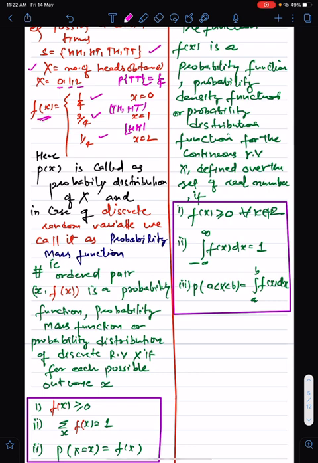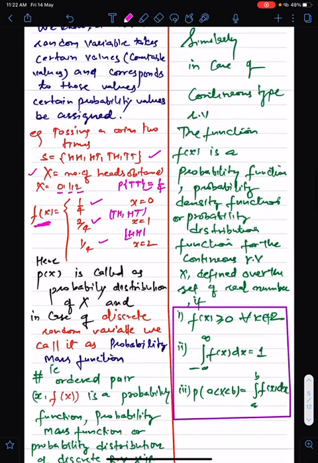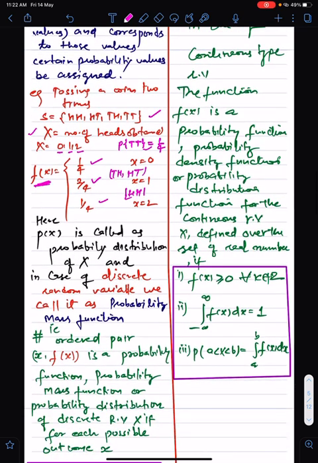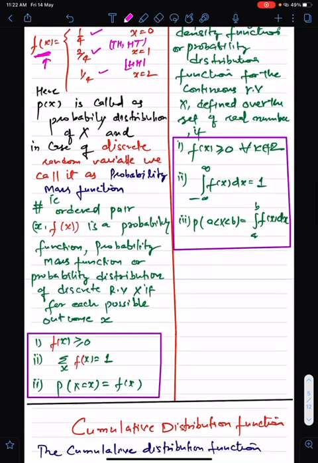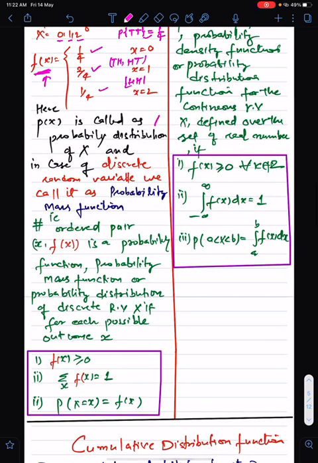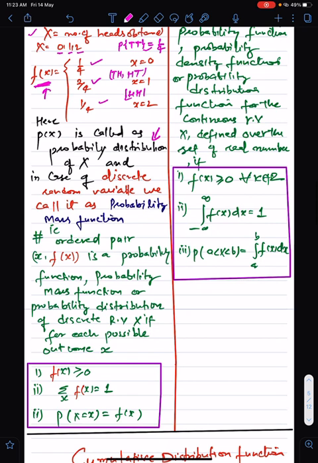This function is known as the probability distribution function. But in the case of a discrete type random variable, you call this function a probability mass function. This is very important. In general we call it a probability distribution, whether it is a continuous type or a discrete type distribution, and denote it by f of x.